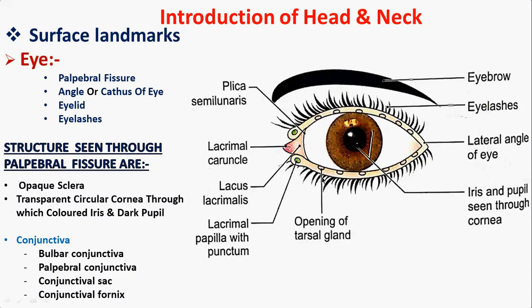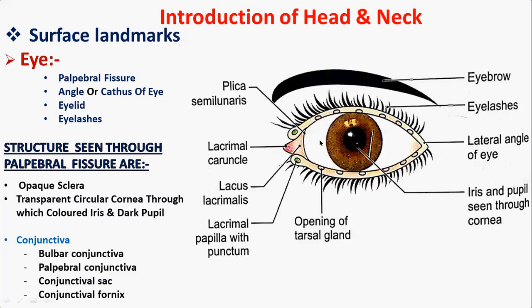Eyelid, eyelashes. Now what are the structures seen through the palpebral fissure? We have discussed that the palpebral fissure is the area between the upper eyelid and the lower eyelid. Here we see the sclera, white in color. Here you can see the cornea, and this is the iris, and this is the pupil in the center.